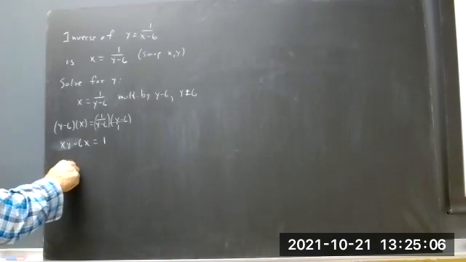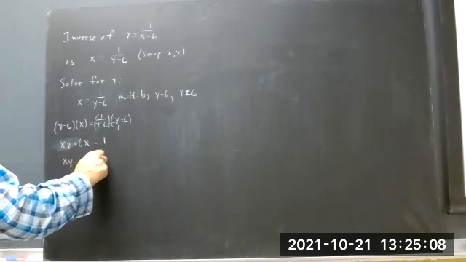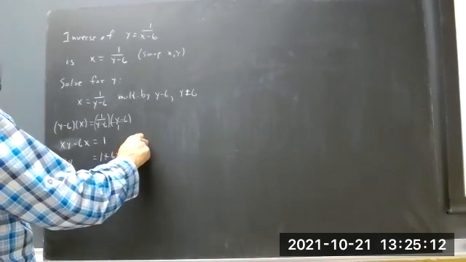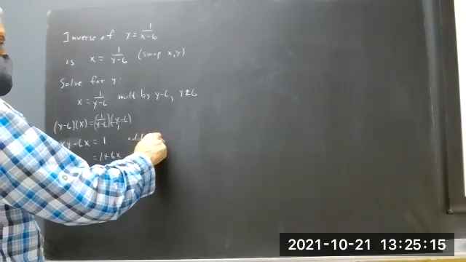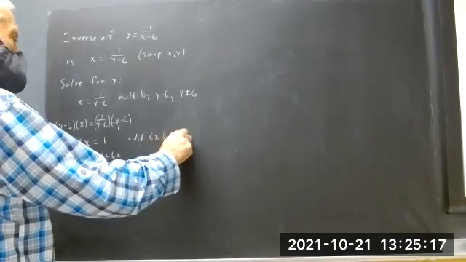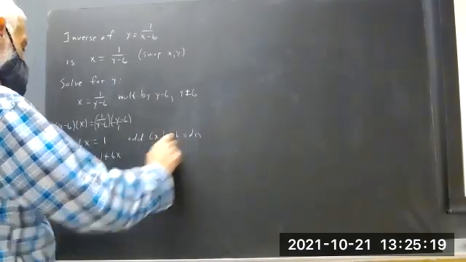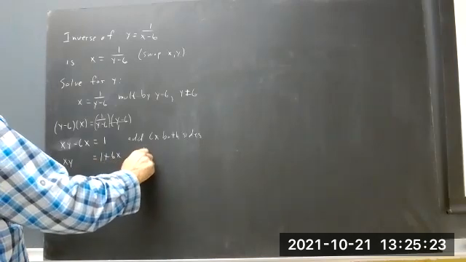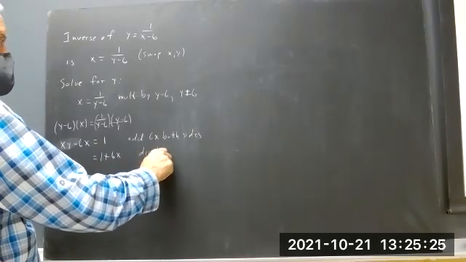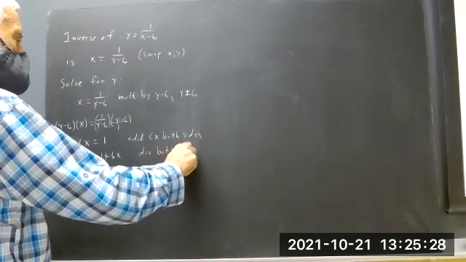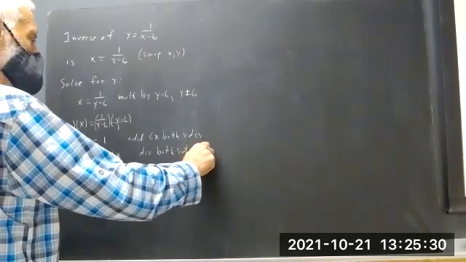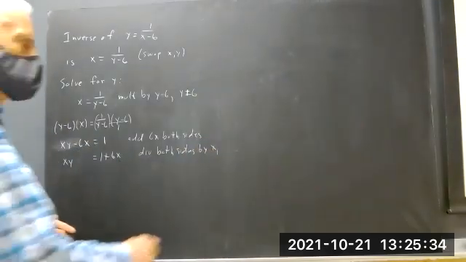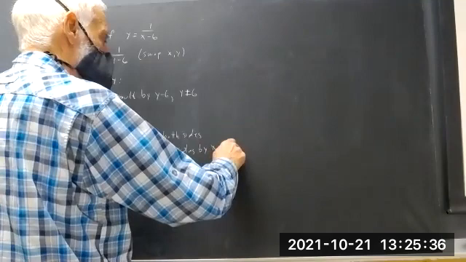Then xy equals 1 plus 6x, adding 6x to both sides. And then divide both sides by x, noting that you can't divide by 0, so x can't be 0.